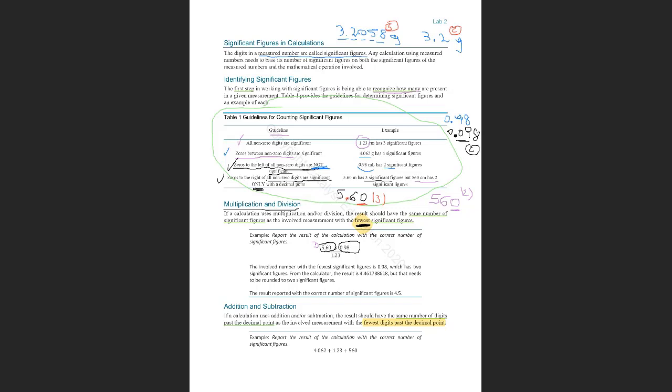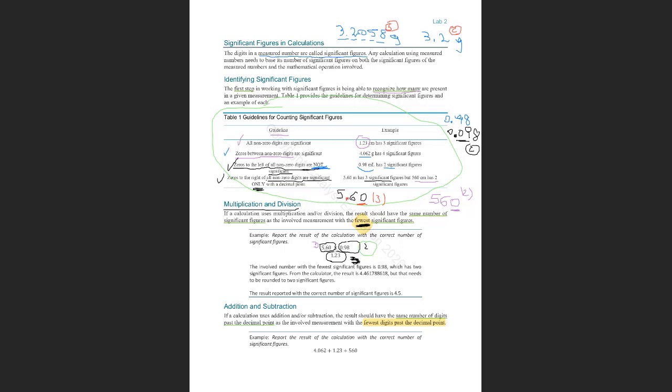How many sig figs are in 0.98? 2. Awesome. And how many sig figs are in 1.23? Exactly 3. So my answer will have how many sig figs? Which one is the number with the fewest? 2. Exactly. I look, what is the smallest number? Okay, the smallest number is 2. So my answer has to have 2 sig figs.